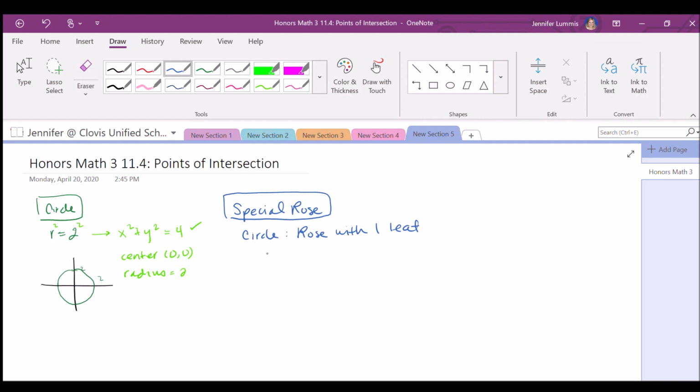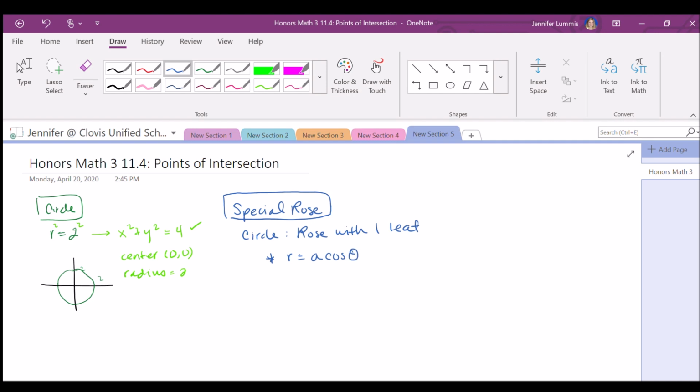So what we'll have here is either r equals a cosine, instead of n theta, where n could be anything really, n is just going to be 1 here.